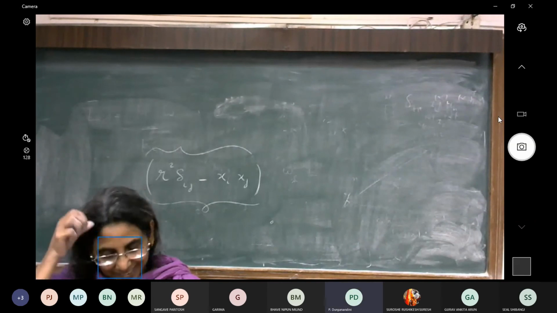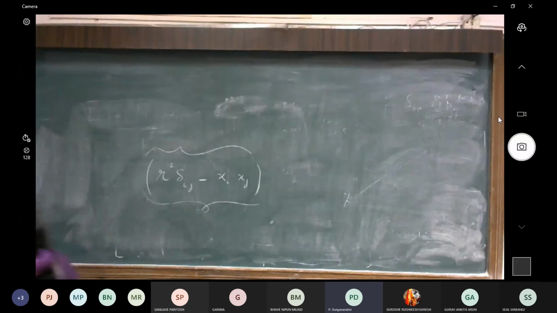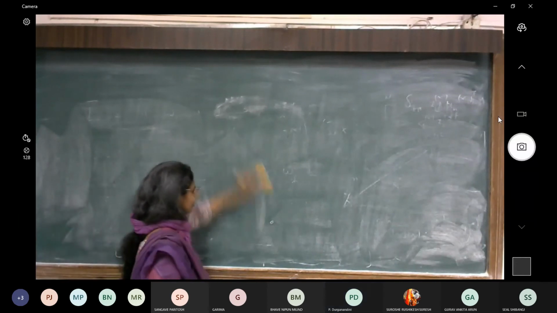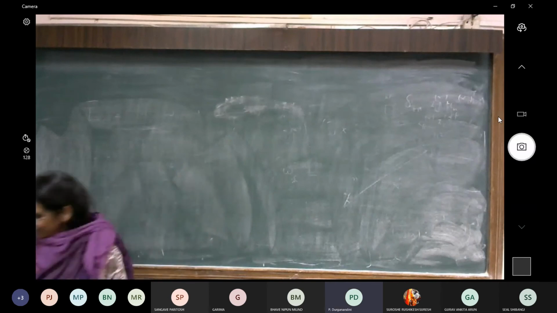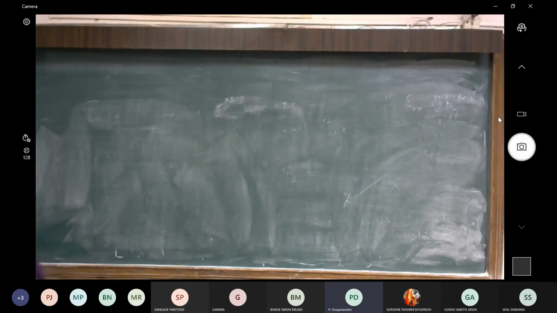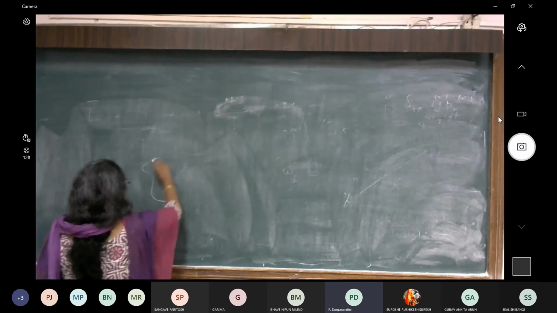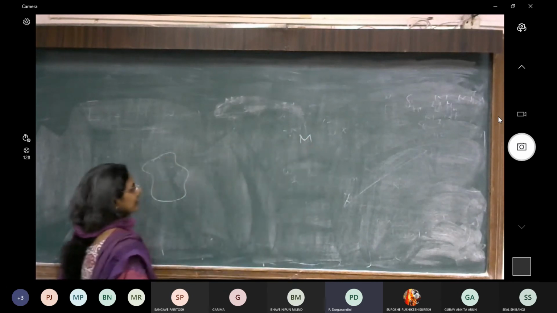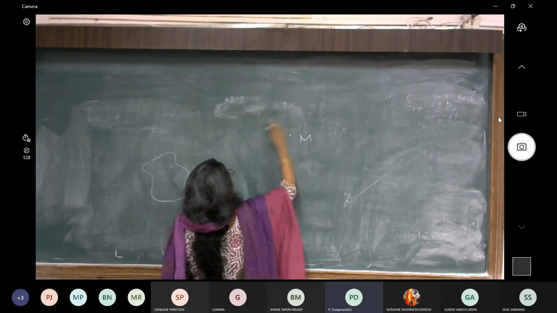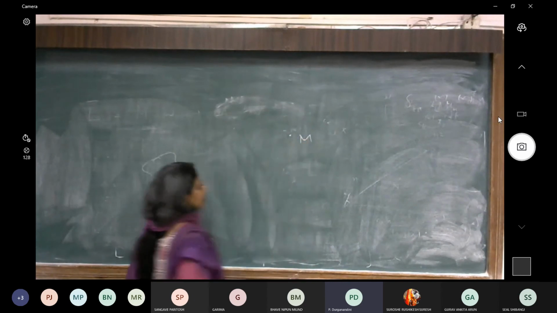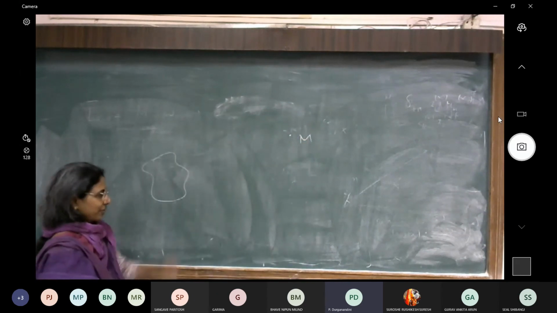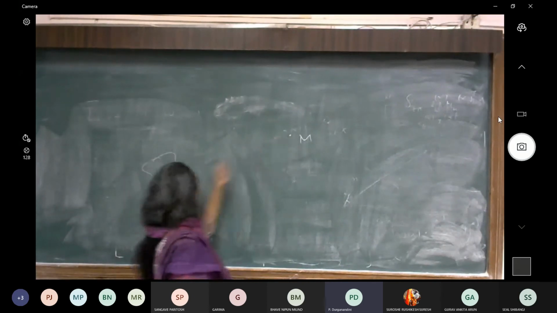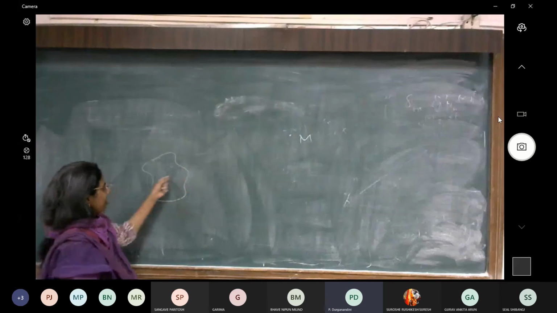In fact, I'm going to tell you that this kind of multipole expansion you can also do for an extended massive object. For example, let's say I have some mass distribution, and then I have another mass here, which we think of as a test mass. Then I ask what is the potential which this test mass is going to see because of this mass distribution.